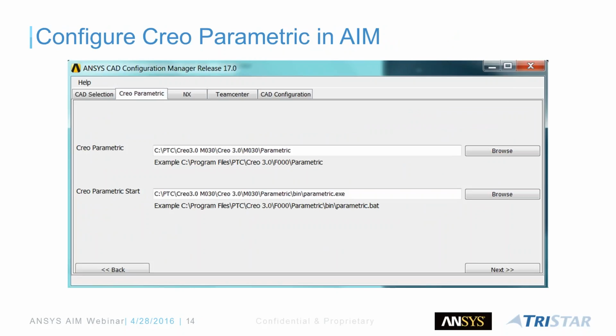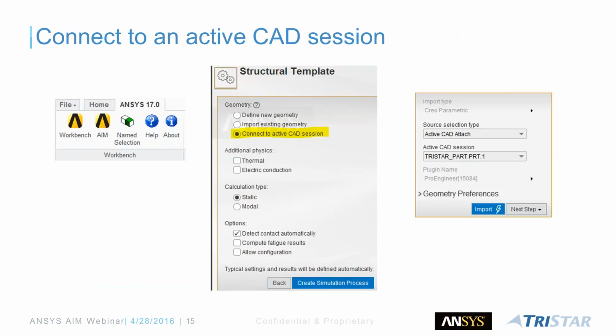And once you point that, when you launch Creo, this is kind of what you're going to see, where you will be seeing in the ribbon a tab for ANSYS 17.0, and that's the latest release. And from there, you could launch AIM, and it's going to bring up your model in AIM to do your simulation. Or you could be working on your Creo model, parts or assemblies, within AIM.